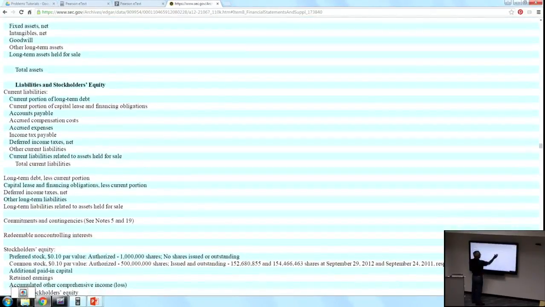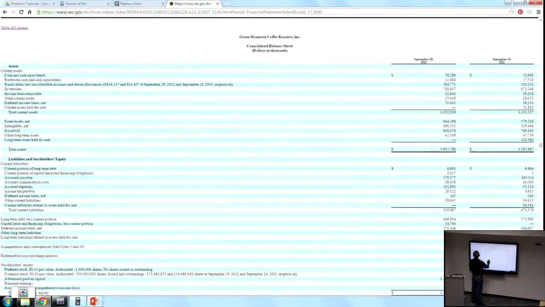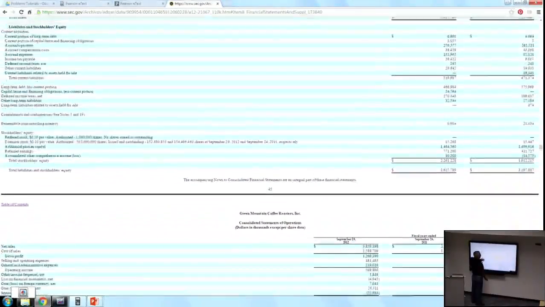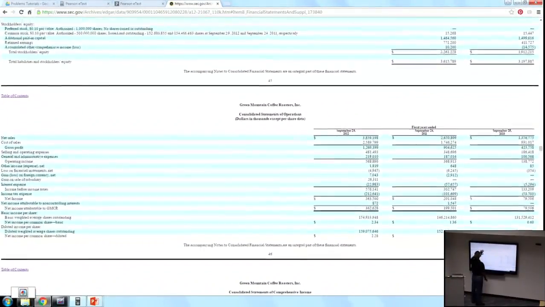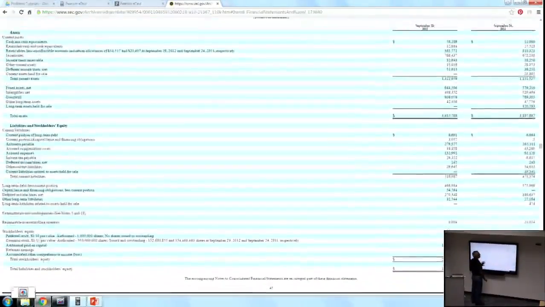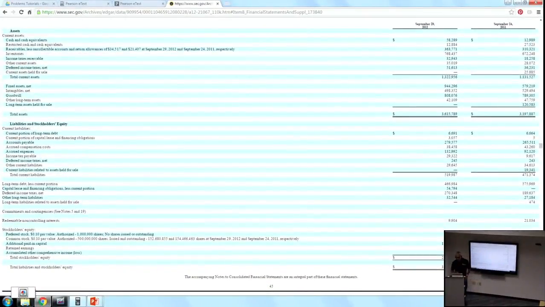I can scroll down and up and look at the income statement and so on. The first part of the problem, question number 8, asked what were Green Mountain's revenues in 2012, and by what percentage did they grow from 2011?